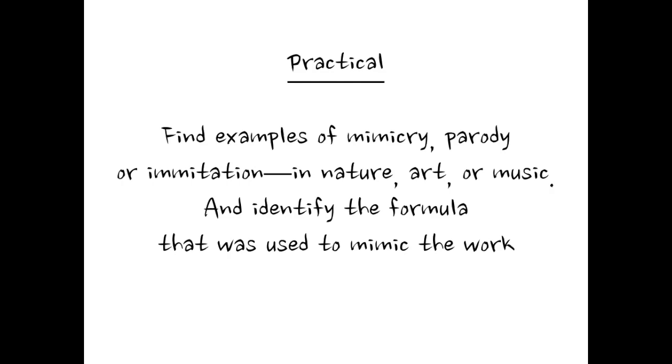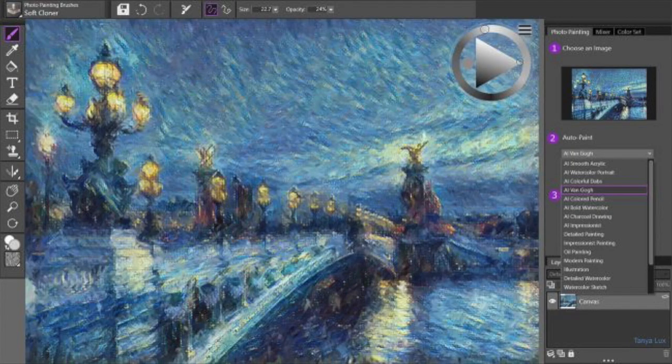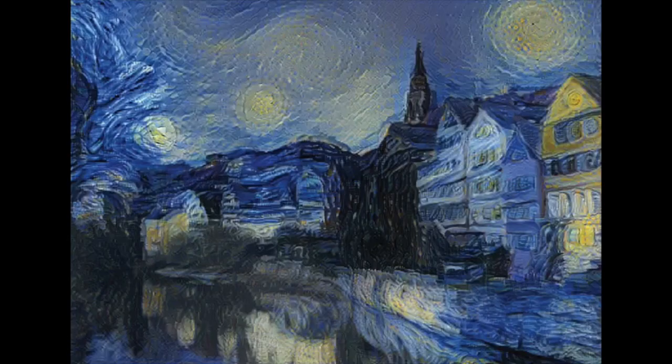Let's also look briefly at some examples of other computer-assisted mimicry of art. This is an example of software that has learned the algorithm for painting a Van Gogh-like painting. What are the features of Van Gogh here?